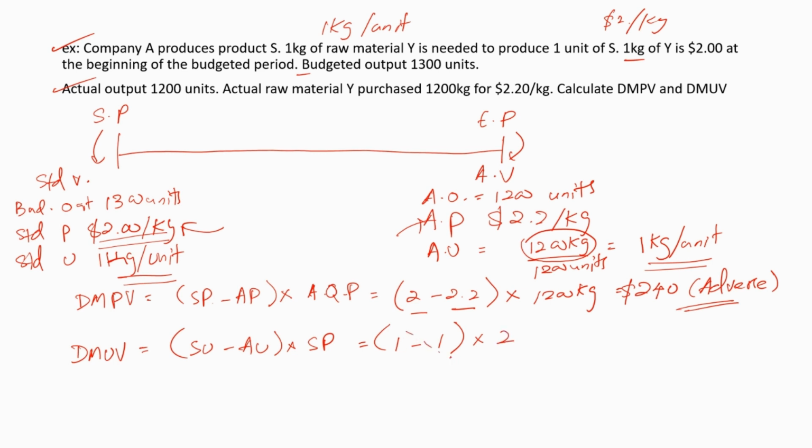Since this is 0, there is no variance. This is because the actual usage and the standard usage is the same. So there is no difference. This means there is no variance. This is how we calculate the basic variances.